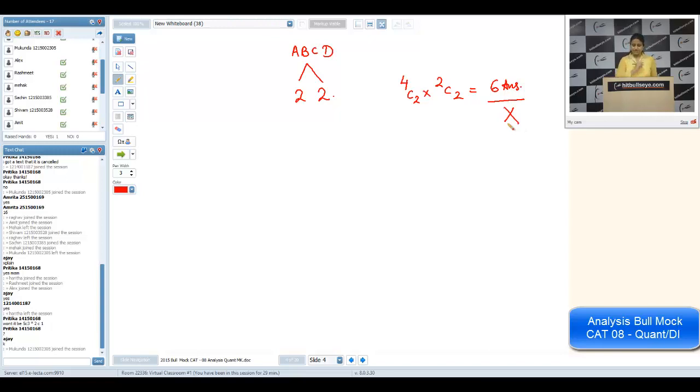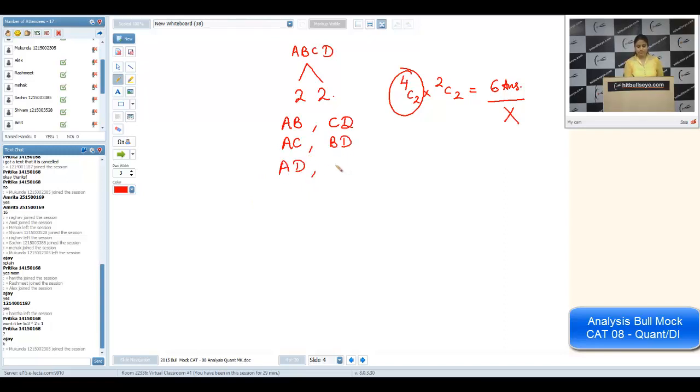How come? Let me go to your logic. See, if you are using 4C2, it means you are selecting any 2 out of these 4. So I am making all the possible selections. Suppose you have selected AB at first go. So the second group will automatically become CD. Suppose you have taken AC. So the second group will be BD.